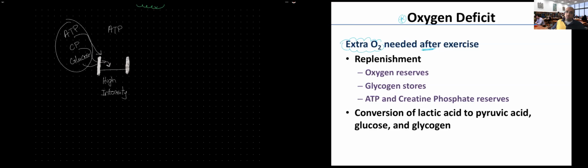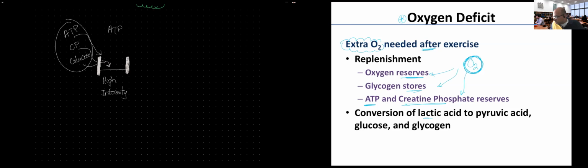But after I complete this high intensity workout, I need to rebuild the oxygen reserves. I need to rebuild the glycogen stores. I need to rebuild the ATP and creatine phosphate. So what will I do? I will need to breathe faster. I need extra amounts of oxygen for me to restore what I have consumed during this high intensity workout.